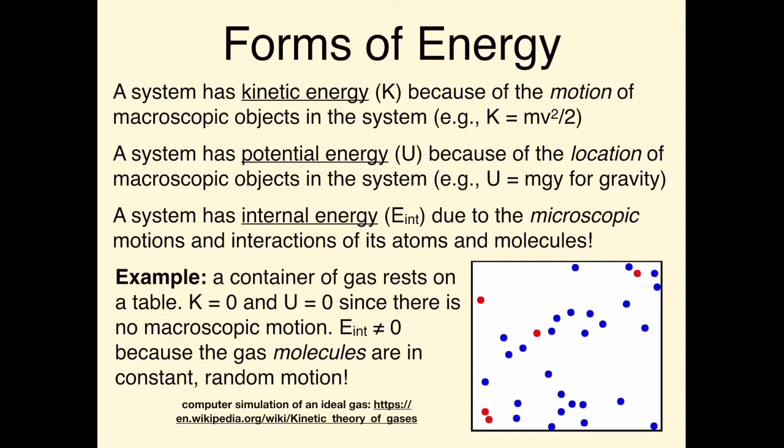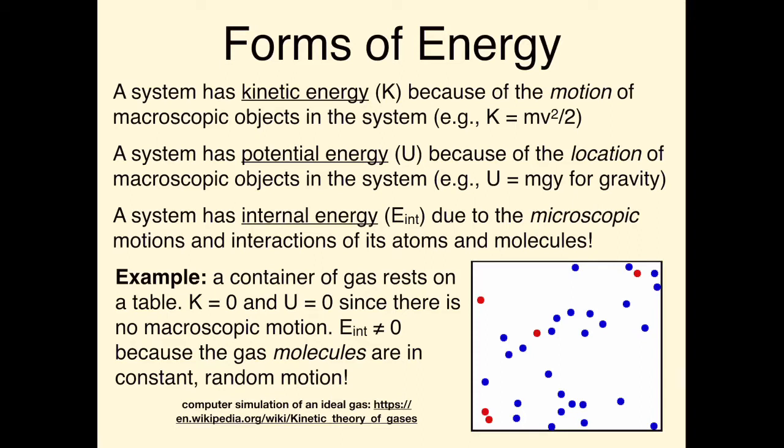The next thing is internal energy. If we want to understand what internal energy is, we have to understand that it has to do with microscopic motions of the atoms and the molecules that make up the system. To give you an example, let's consider just a box of gas, and that box of gas is just resting on a table.